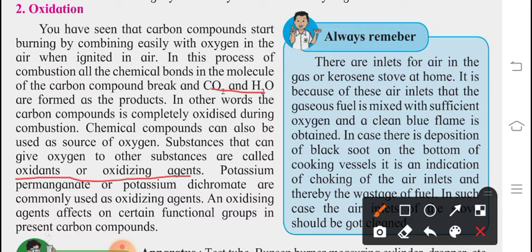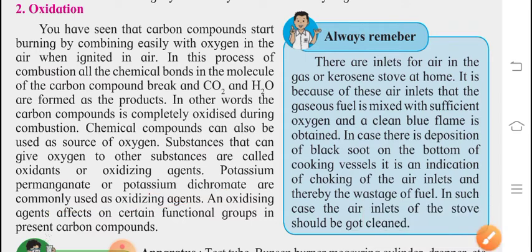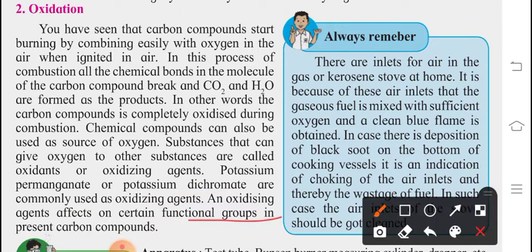What are oxidizing agents? Substances that can give oxygen to other substances are called oxidizing agents or oxidants. Potassium permanganate or potassium dichromate are commonly used as oxidizing agents. An oxidizing agent acts on certain functional groups present in carbon compounds.